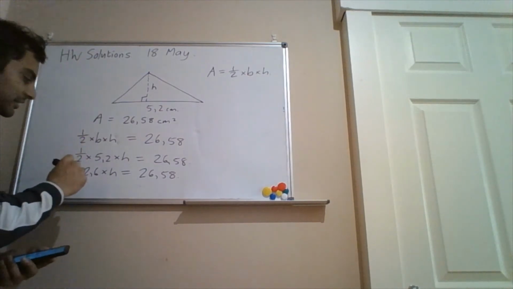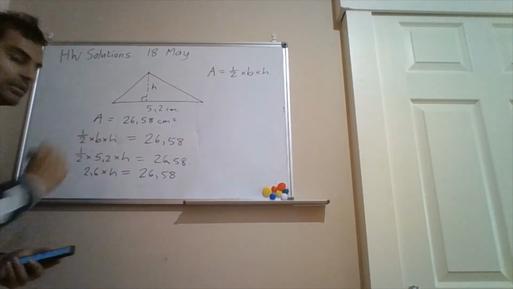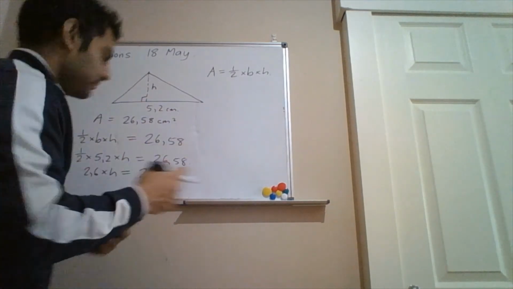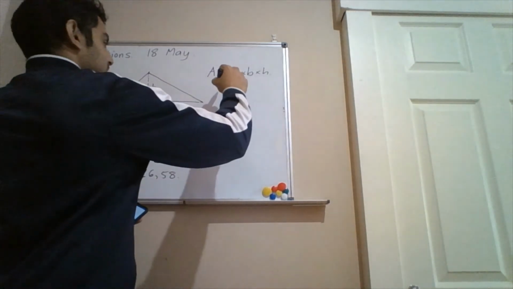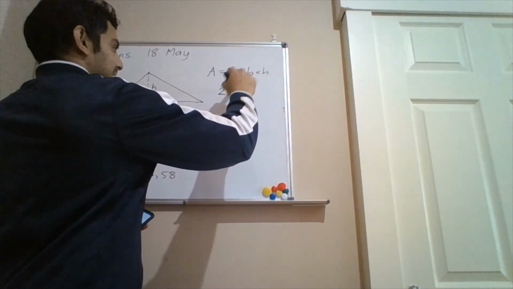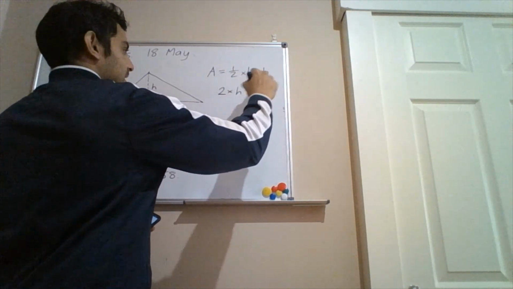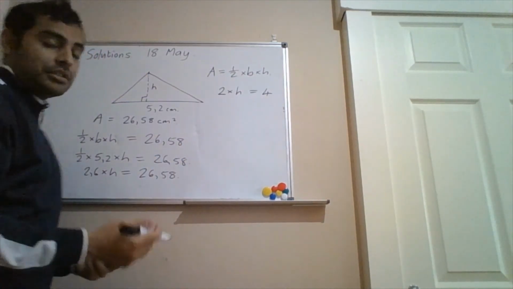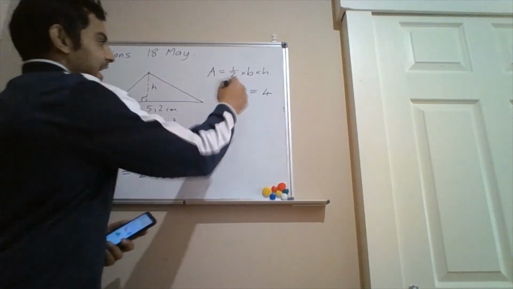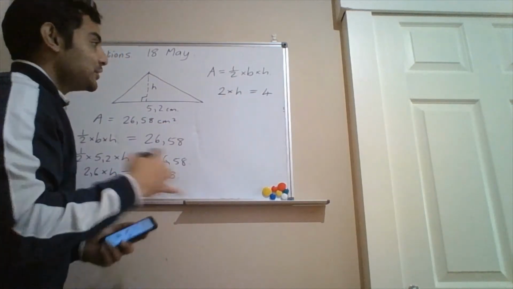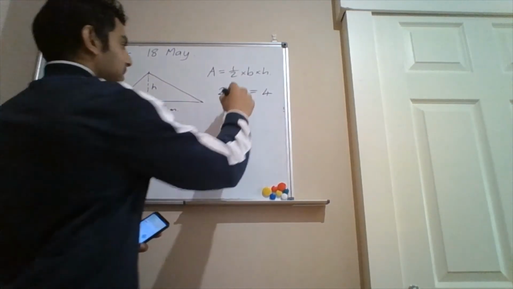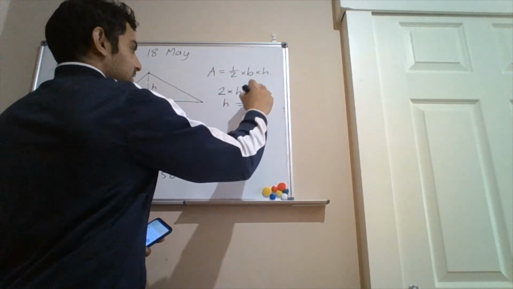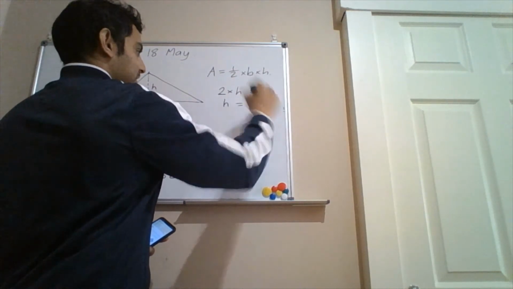So how do we solve for h? We've got this number times the unknown equals this number. Let's look at a simpler example, and maybe my next step will make sense. If we have 2 times h equals 4, and we're trying to find the value of h, you might instantly see that h must be 2, because 2 times 2 is 4. If you were to do a calculation, you would say h is the number 4 divided by 2.